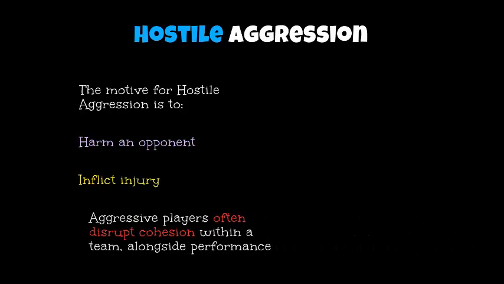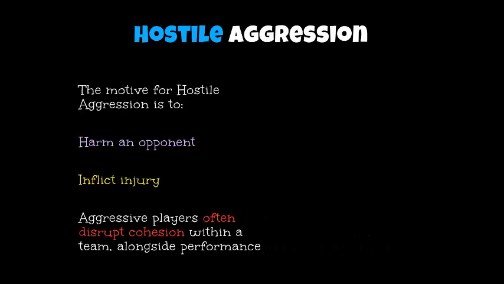Okay, so your direct intention is just to go out there and take the opponent out, essentially. And as I mentioned, you're aiming to inflict injury within hostile aggression. And the idea behind that is to cause disruption to the other team by being very aggressive in terms of injuring someone or harming an opponent.